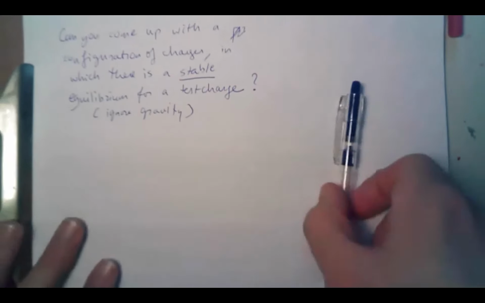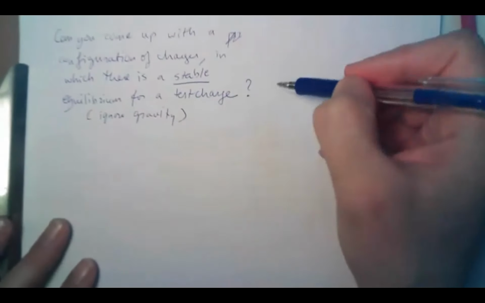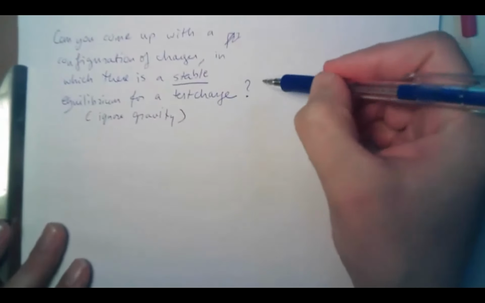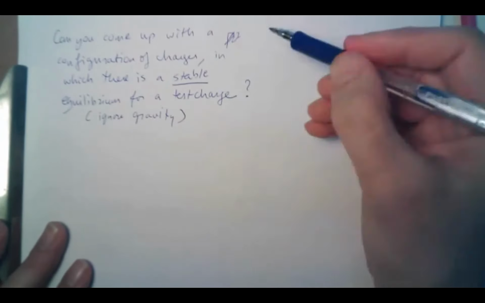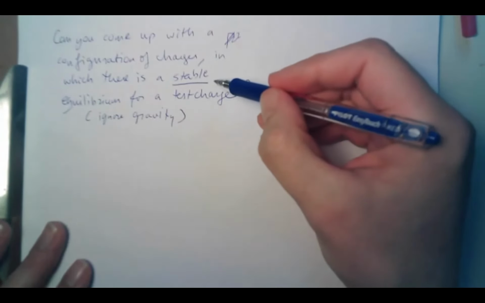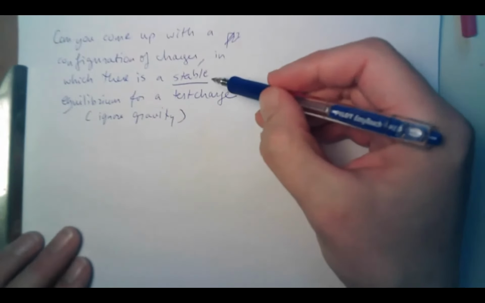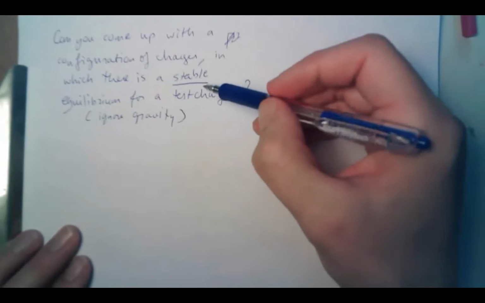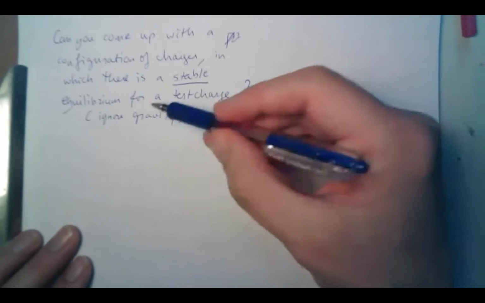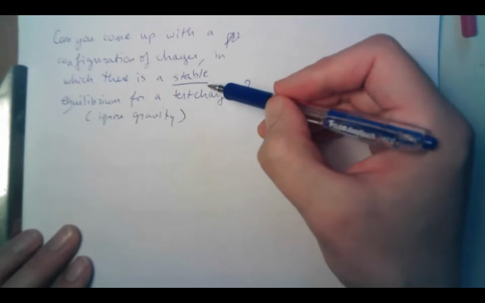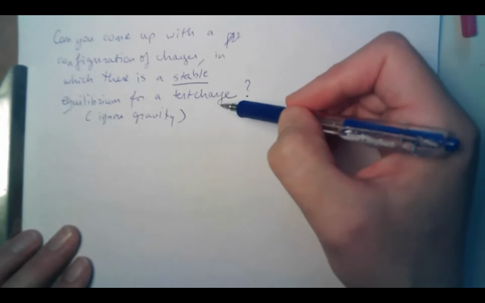All right. Well, let's go over a couple of interesting cases. But before I do that, let me remind everybody what stable equilibrium means: if the test charge is at rest and it was kicked to the side a little bit, it will be returning to its equilibrium position.